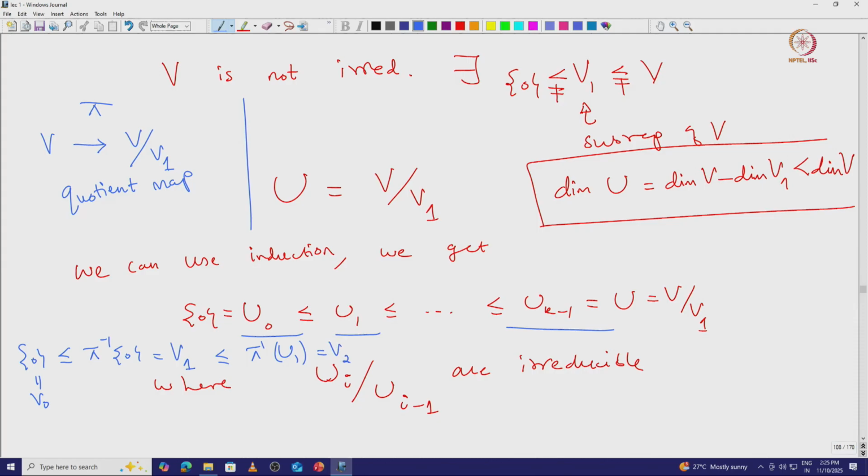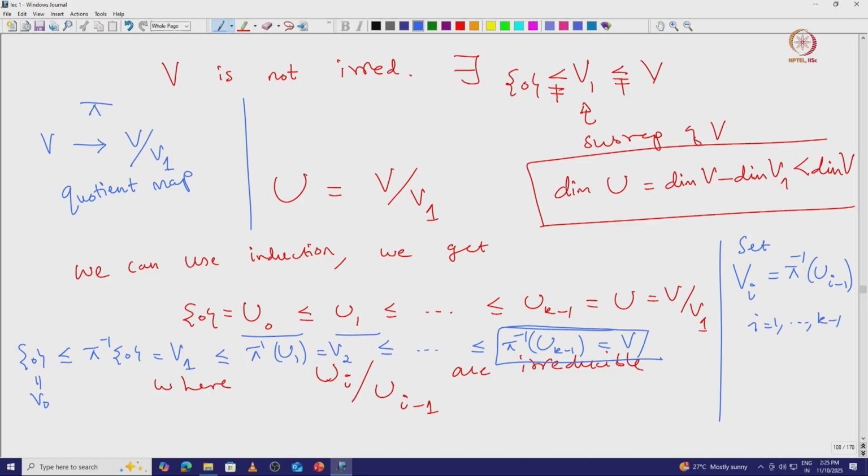We will call it V 2, and then that is contained in etc., contained in pi inverse of U k minus 1, which is exactly capital V. So, we take V i plus 1 to be pi inverse of U i for i ranging from 0, 1, etc. up to k minus 1.